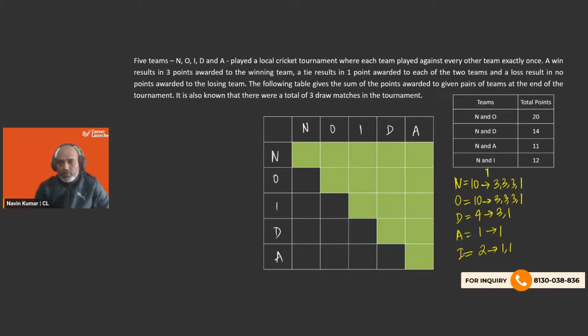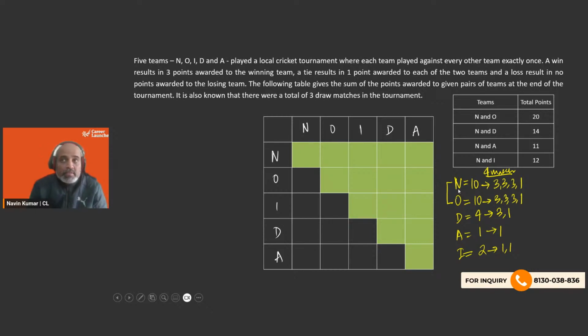See, each team is supposed to play 4 matches. So if you look at N and O, these 2 teams have both played 4 matches, out of which each has won 3 of them, and there has been 1 match that has been drawn, right?